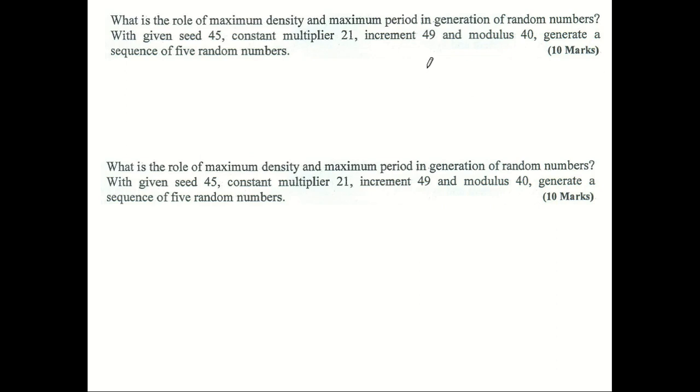See, consider these random number generator parameters, and you generate random numbers between 0 and 1. Here the seed is 45, the constant multiplier is 21, the increment is 49, and the modulus is 40.